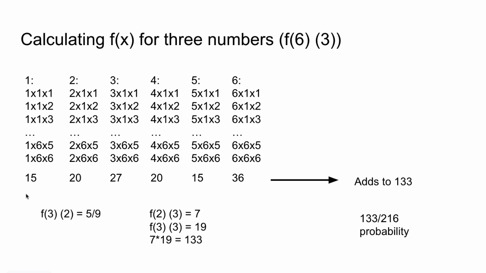Okay, so since these values of f of x can multiply to make other values, that would mean that this function is multiplicative, you could call it. We have a plan to calculate f of x for any given number.